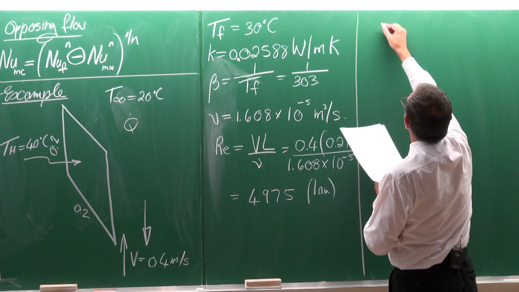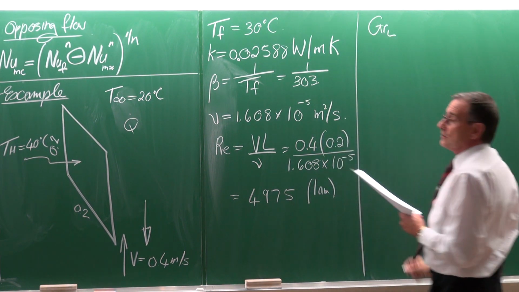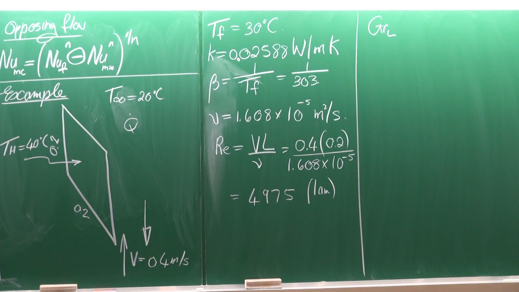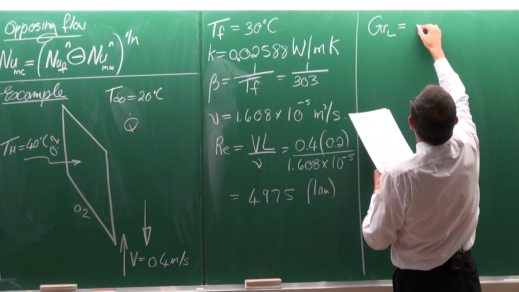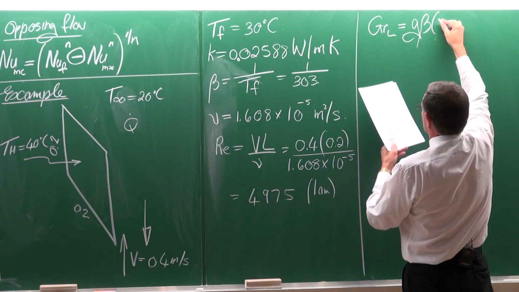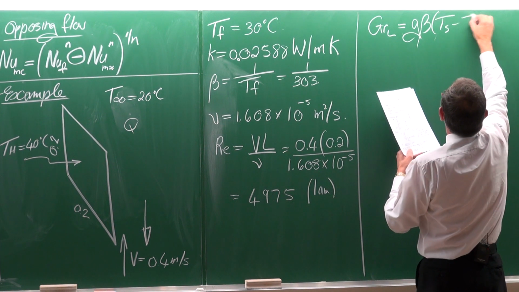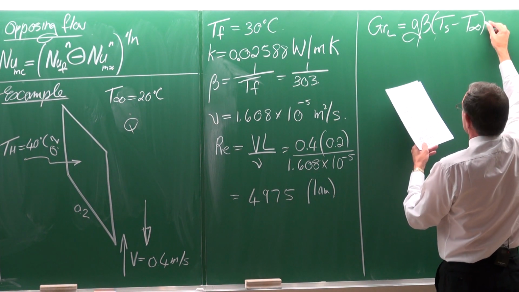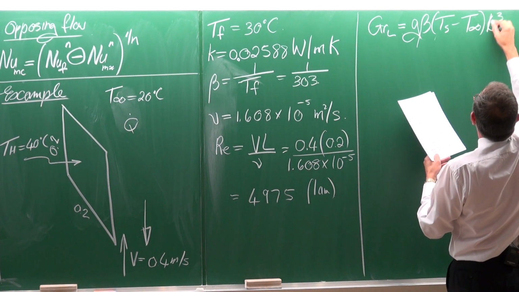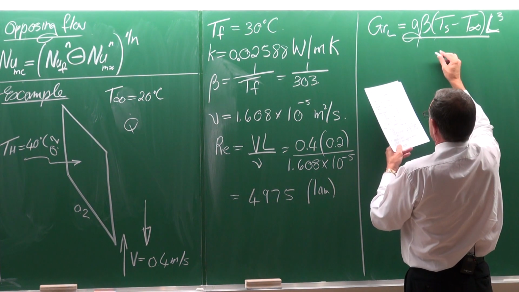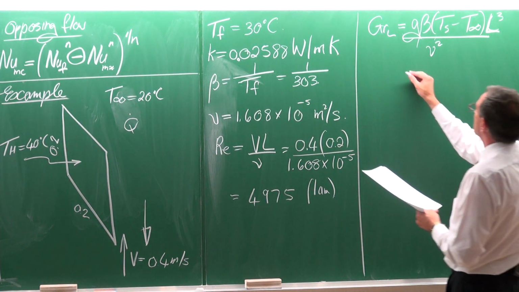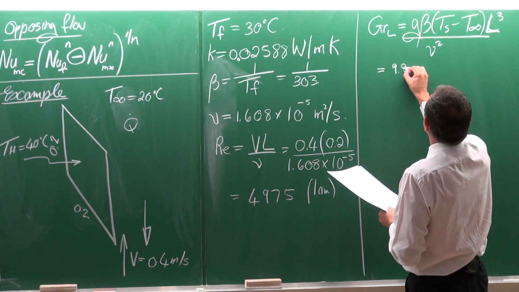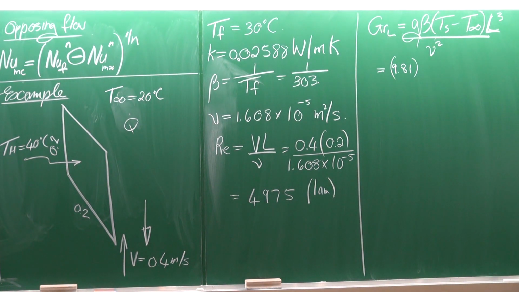Let's calculate the Grashof number. Grashof number for a flat plate. If you look at the table, you'll see we have to base it on the length of the plate. It's equal to g beta multiplied by (T_s minus T_infinity) L to the third divided by the kinematic viscosity squared. g is equal to 9.81.